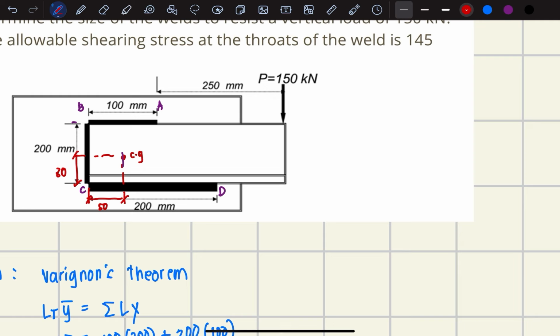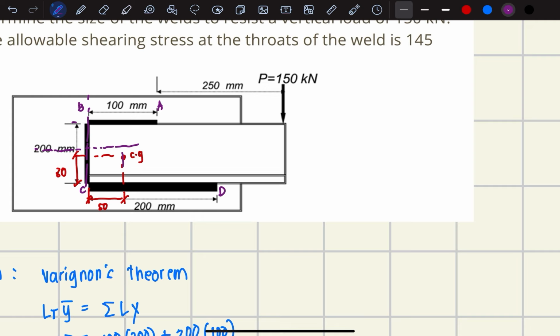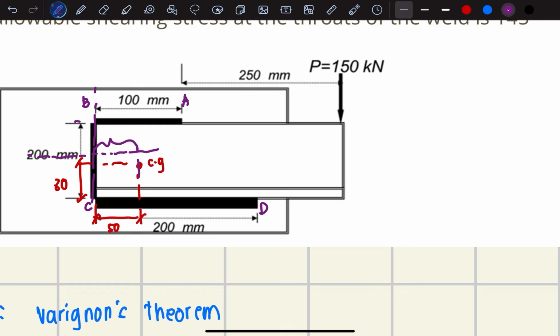So, yung segment BC, ito naman yung kanyang centroid, no? So, meron kang y sub c dyan kasi meron kang... okay, ito yung distance ng x sub c.